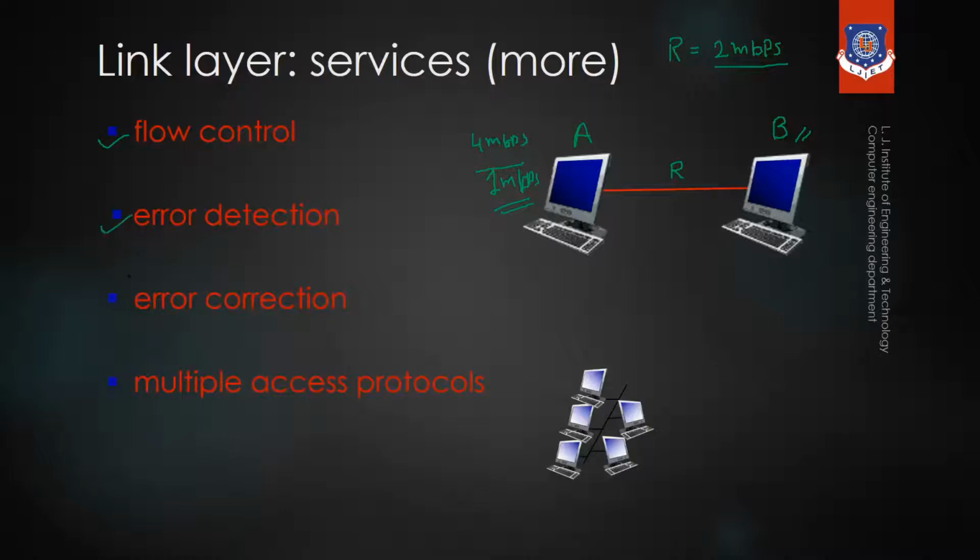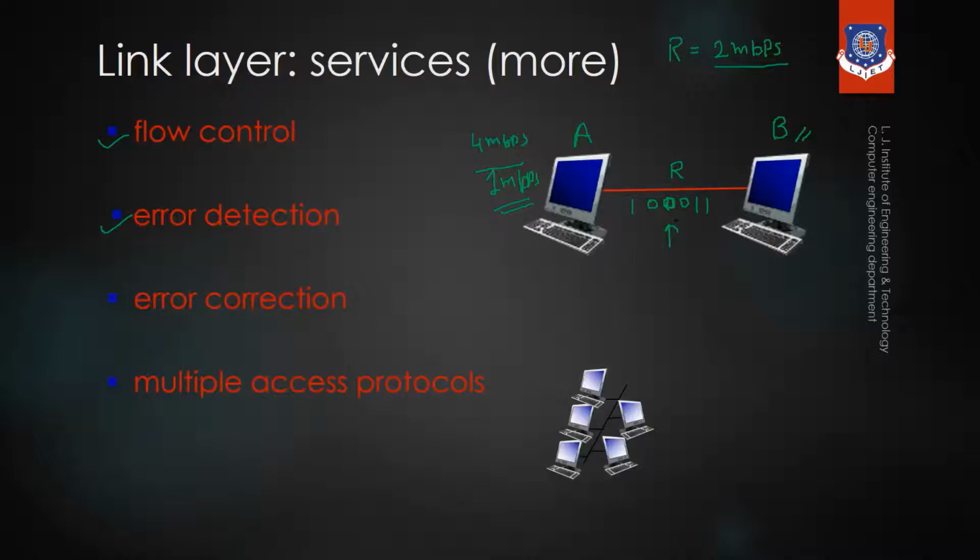The next is error control. Error control means that when the data is sent to the link, there is a possibility that noise can be added. Suppose data is transferring from A to B, and if noise is added, there is a possibility that the value of a particular bit can be changed.